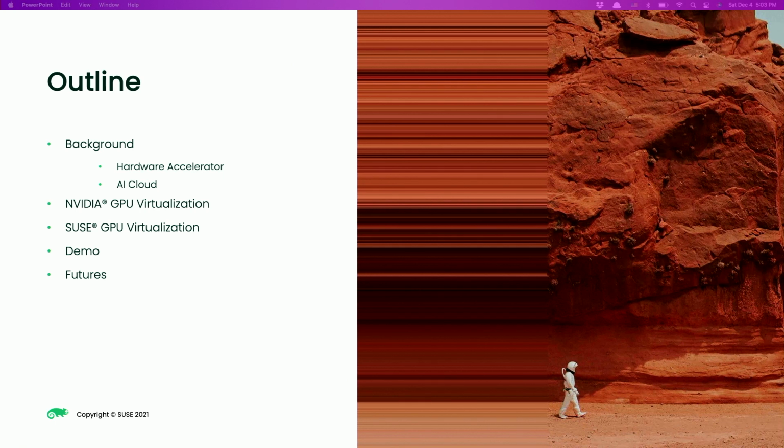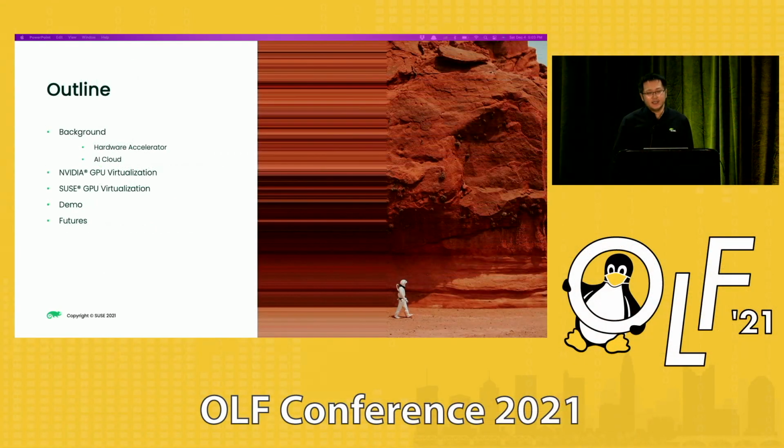I'll also show you a demo, giving you a basic idea how to run a vGPU in a VM and run some AI instance there. Last, we'll look at the future, vendors' future, and the community activity for the next move.